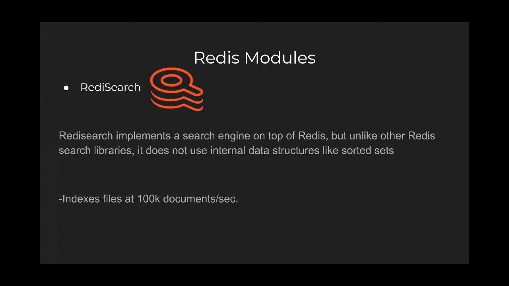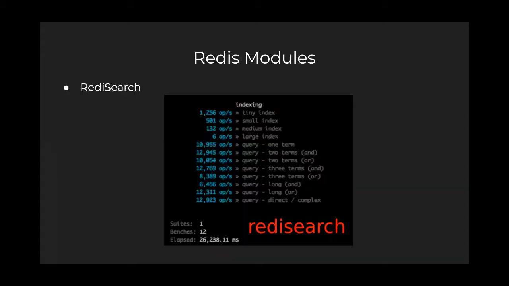A demo of an implementation of Redis Search was shown that it indexed over 1 billion documents and 100,000 documents per second. And you can see a little bit about the indexing speeds here for different queries. And that is really impressive.